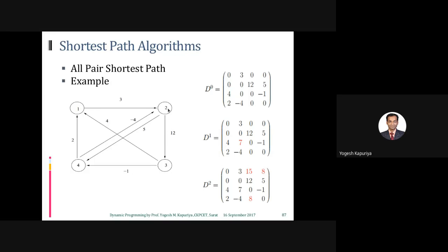Okay, so we are considering the first intermediate vertex. So 1 to 2 is 3 and 2 to 4 is 5. 3 plus 5 is 8. Sorry, there is no edge between 1 and 4, so I don't think this should be considered.